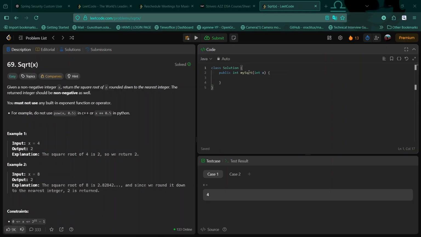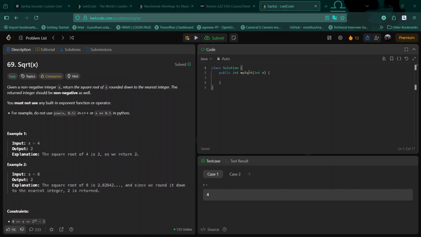It has a space complexity of the order of 1, but the time complexity will be big O of n, which is not an optimal solution for this problem.